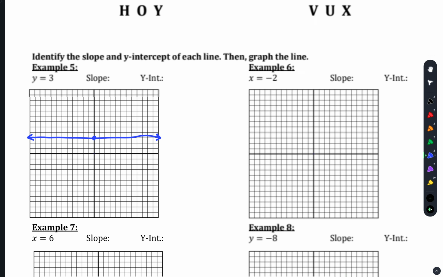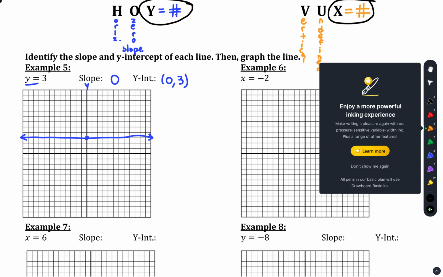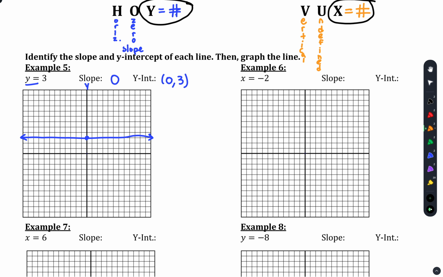Look at example 6. Is that going to be a horizontal or a vertical line? Vertical, because it says x equals. X equals is VUX. So I look at my x-axis, and I'm going to look for where -2 is. And I'm going to draw a vertical line through that point.